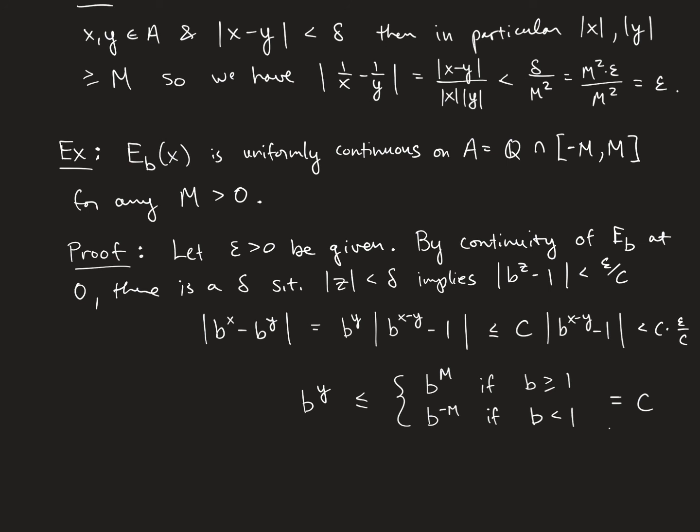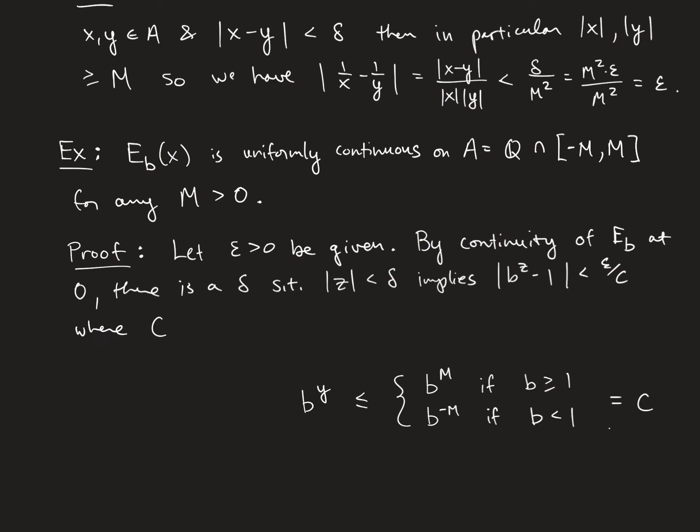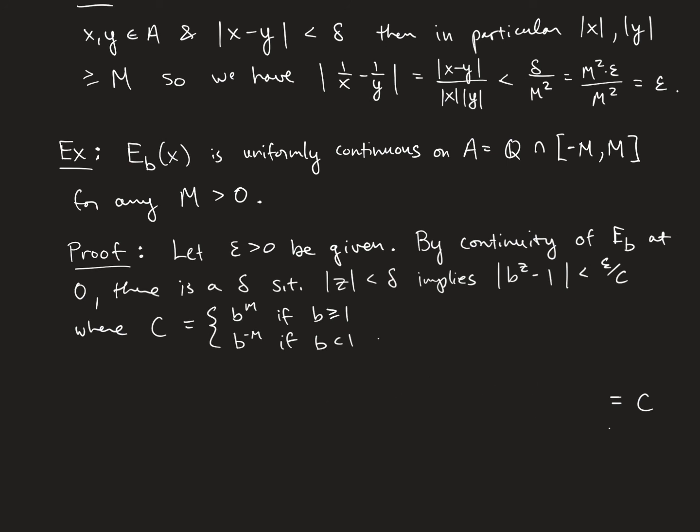And we have to define what that c is. So now I've said what epsilon is, it's going to depend on c, where c equals b to the m if b is bigger than or equal to 1, and b to the minus m if b is less than 1. Okay, and then we just show that this works.